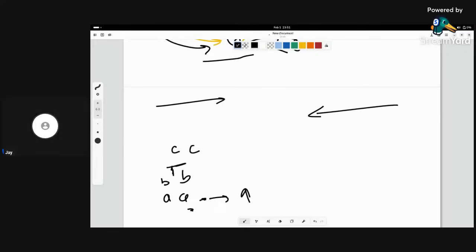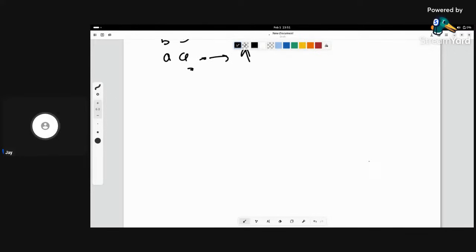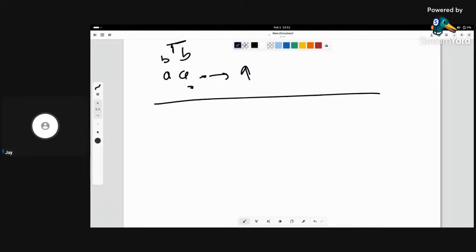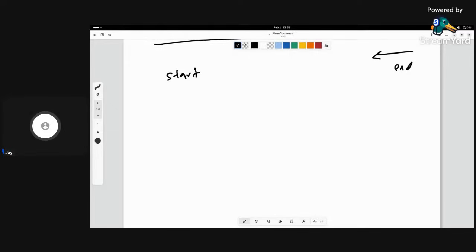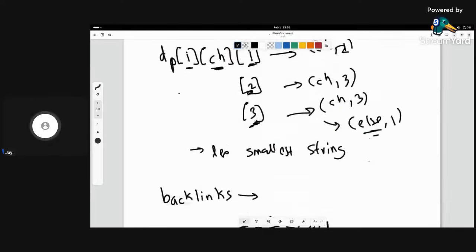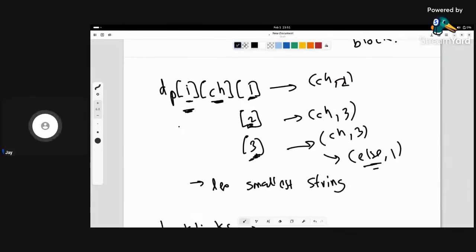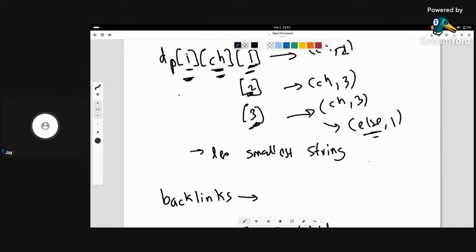So that won't work. Rather than that, since we want a lexicographically smaller string, you can start from the end and go from end to start. From the end, you start maintaining different blocks. So we have a DP array similar to this one: DP of I, character, and count.